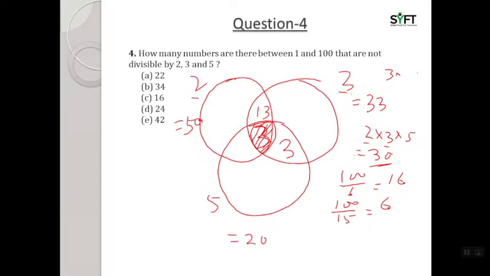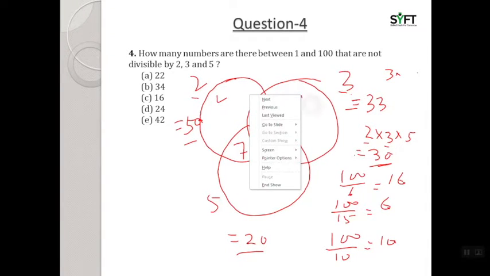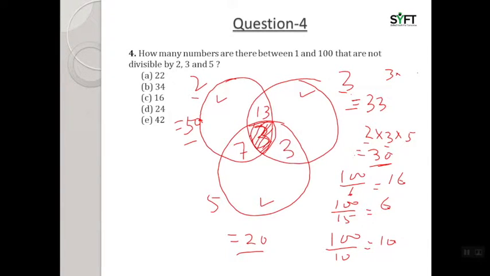Similarly, between 2 and 5 there are 10, 100 divided by 10, 10 numbers. So out of 10 we have taken out already 3, so 7. Now we know this is 50, this is 20 and this is 33. So we can find out the rest, this portion, this portion and this portion. If we add 13, 3 plus 7, that comes out 23.